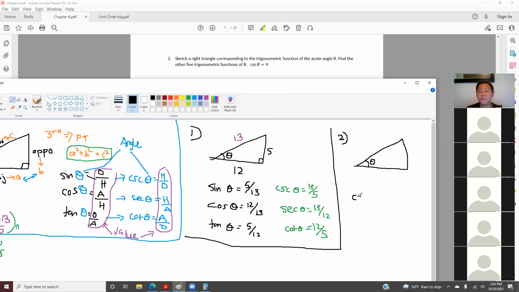So they're asking you for cosecant theta equals 9. Now, make sure you make that value become a fraction. So this is 9/1. So if you look at this, cosecant theta is what over what? Hypotenuse, opposite, or adjacent?